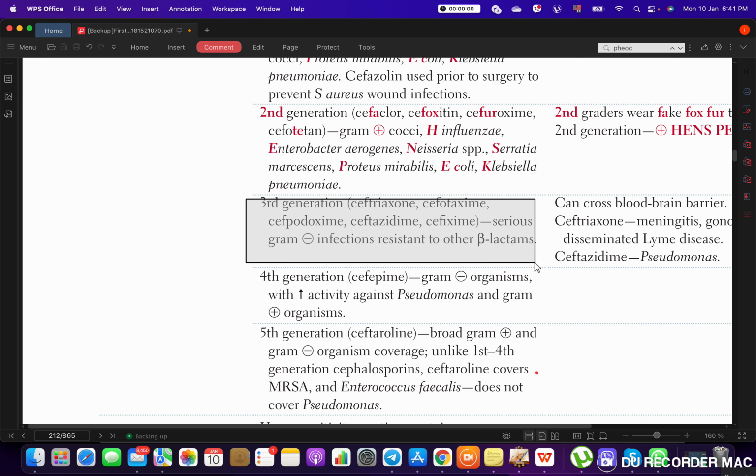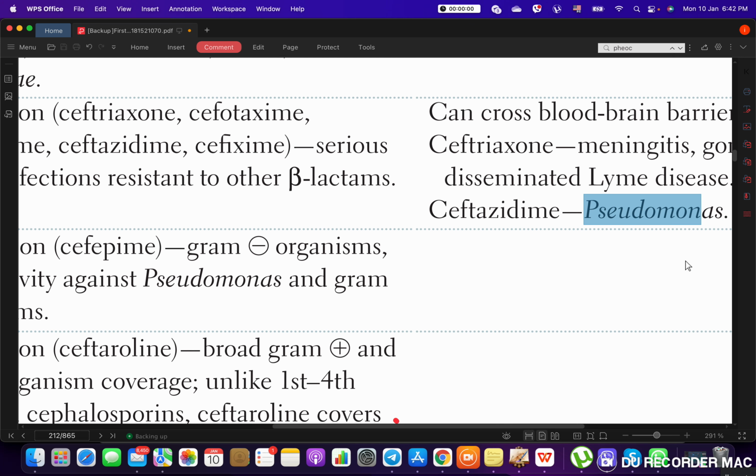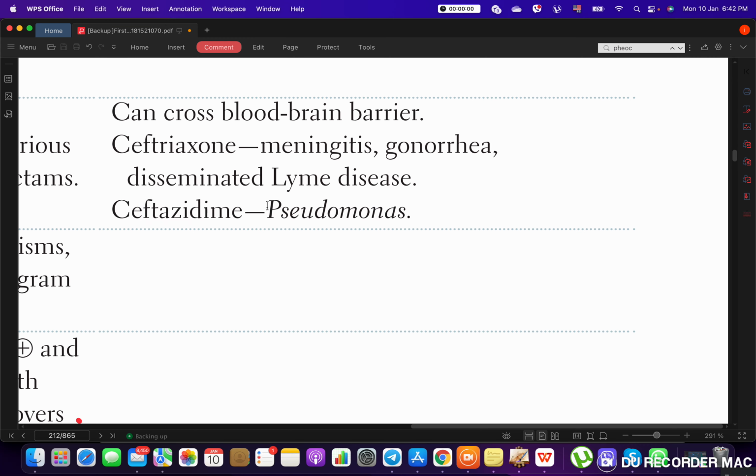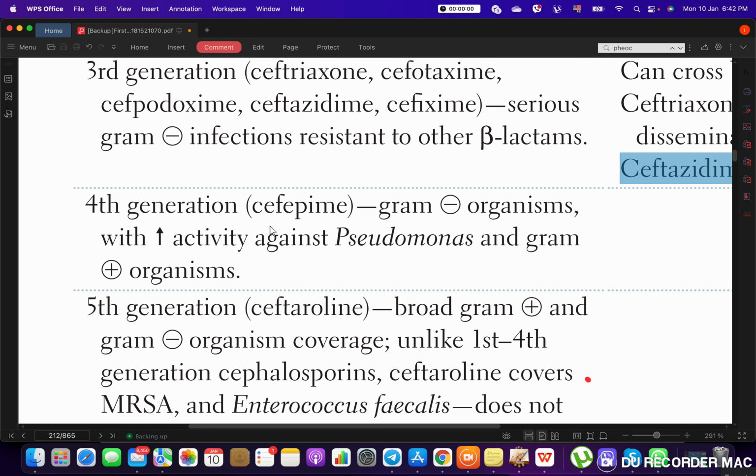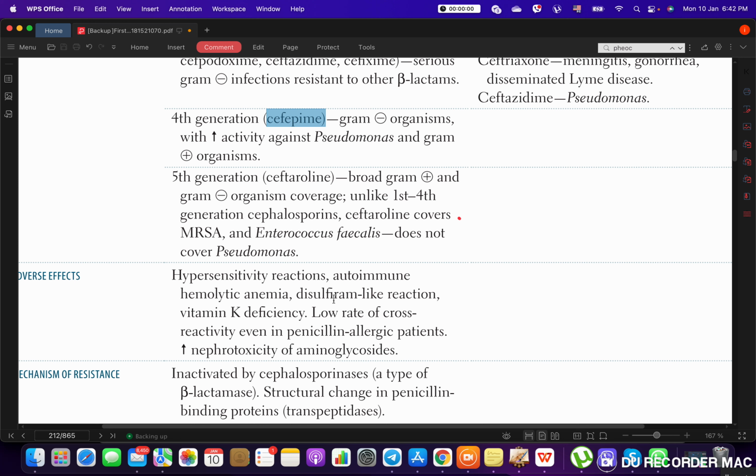The 3rd generation cephalosporin does not work against pseudomonas except for ceftazidime, okay? Ceftazidime for pseudomonas, yeah? Hopefully you did the Sketchy. And it works for the fourth generation. The 4th generation cephalosporin, all of them work against pseudomonas. And by all of them, I mean only cefepime, okay? And the 5th generation has a really wide spectrum of action, but it does not cover pseudomonas.